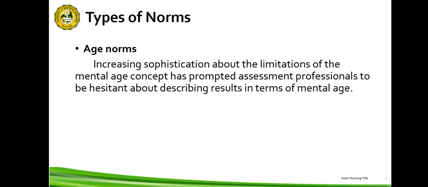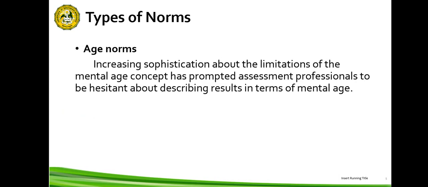Since there is an increase in complexity about the mental age concept, assessment professionals became hesitant in interpreting results in terms of mental age. Because the problem is that when we say mental age in reporting results, it is way too broad and too inappropriate to be generalized.